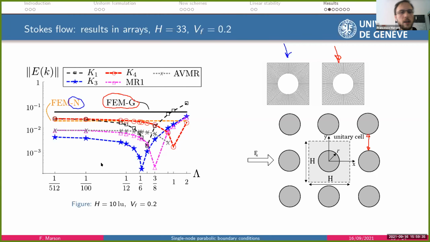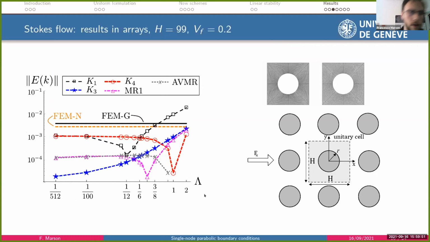In both cases, we are able to be more accurate than the FEM solver, specifically with the K3 and the multi-reflection boundary conditions.